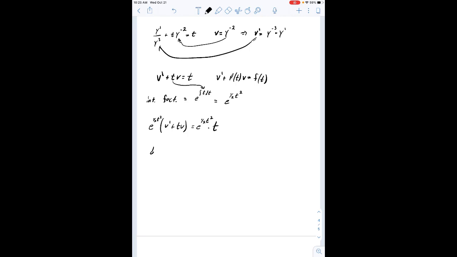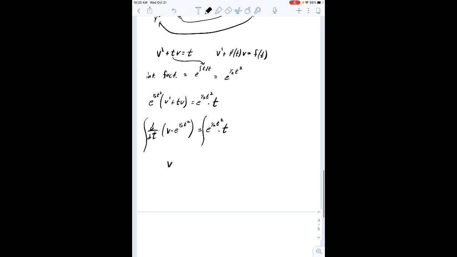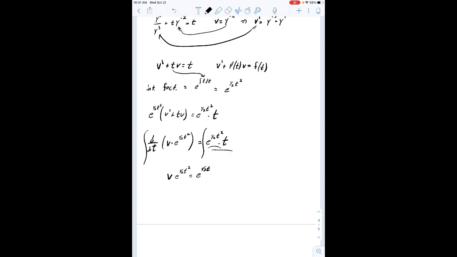We then remember the cool trick of the integrating factor method, which is this. Now we can slap the integral on both sides, and we're left with v times e to the 1/2 t squared equals e to the 1/2 t squared plus a constant c.